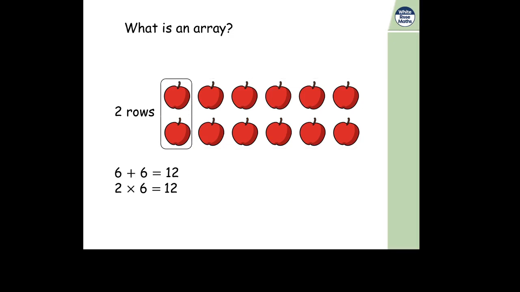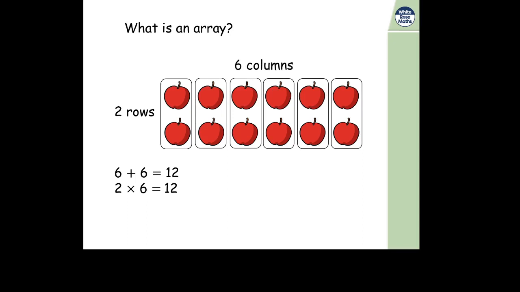Okay, we could also do it using columns. So 1, 2, 3, 4, 5, 6. So we've got 6 columns. So we can say that is 2, add 2, add 2, add 2, add 2, add 2, which is 12. Or 6 groups of 2, which also equal 12.